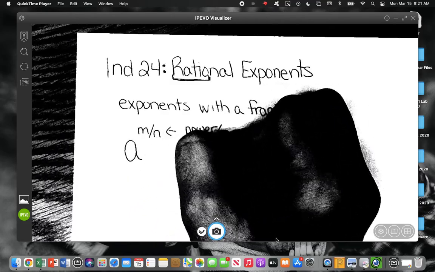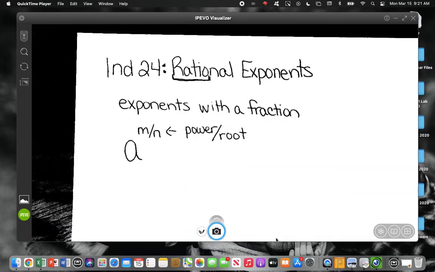The bottom, or the denominator, is what we call the root. So we've dealt with square roots, and I'm sure at some point in your life you've maybe dealt with cubed roots. So the numerator is the power, the denominator is the root.